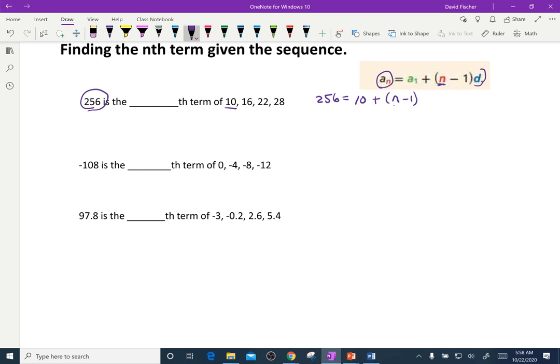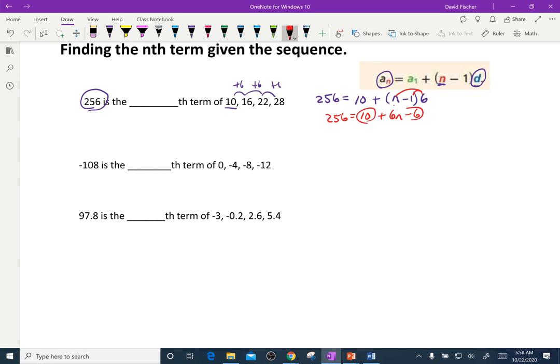We also need the d part, so it looks like we're going up by 6s. If we're going up by 6s, that is my difference. Now we do the distributive property: 6 times n is 6n, and 6 times minus 1 is minus 6. Now my equation says this. Let's get the n by itself.